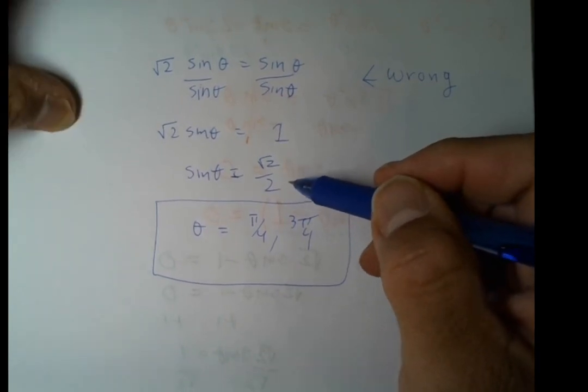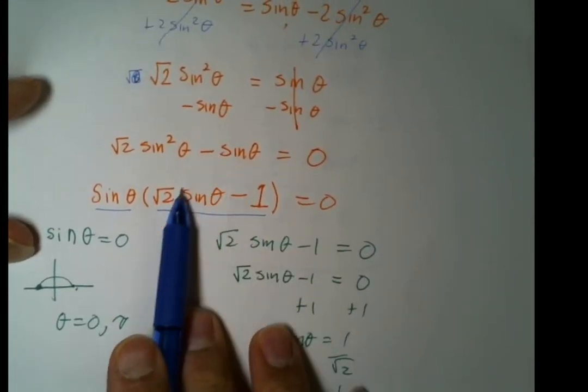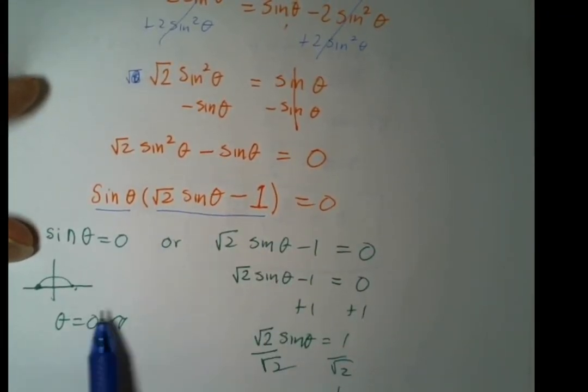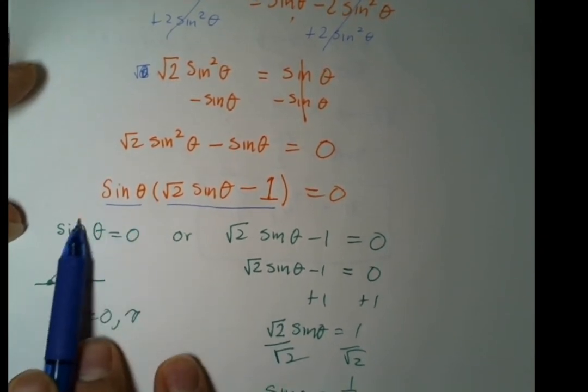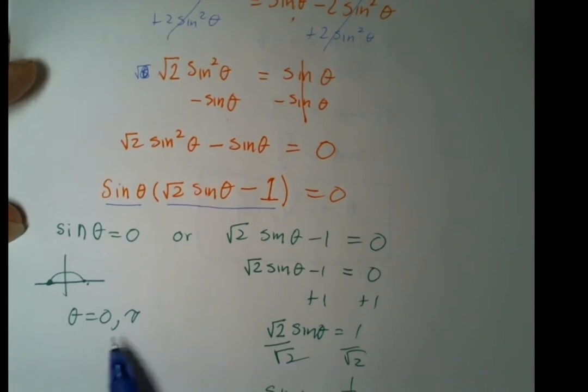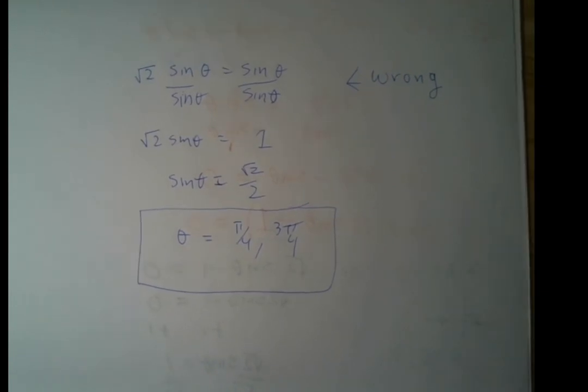We saw the correct way to do this: subtract sine, factor, and then set each factor equal to 0. Otherwise, you lose completely out on this part of the solutions. So hopefully you'll remember this: never divide out a variable.